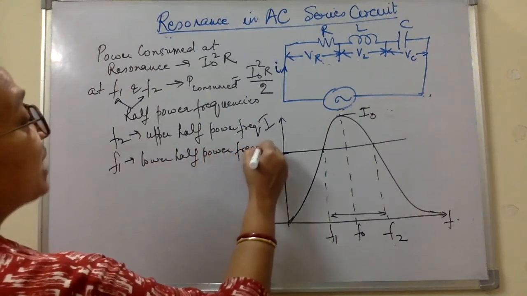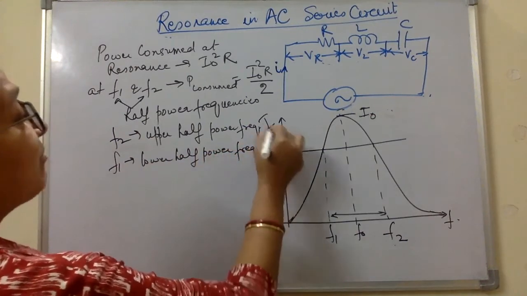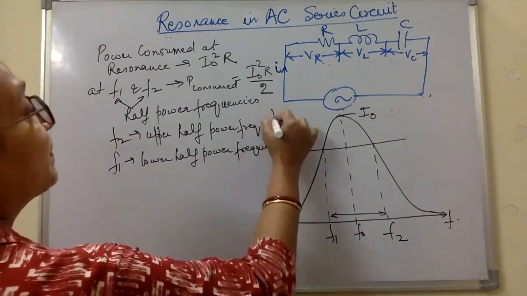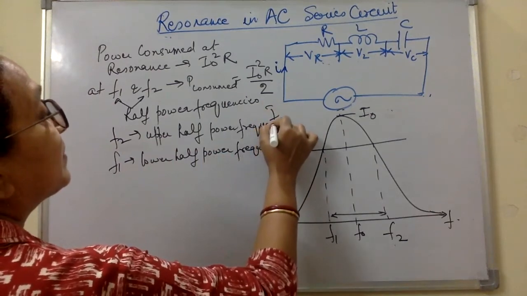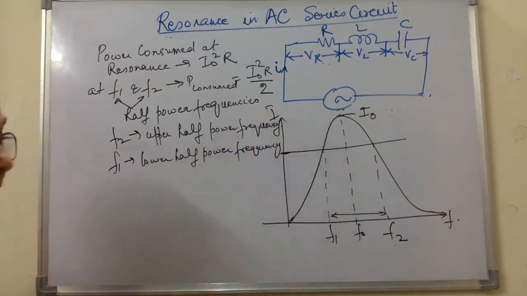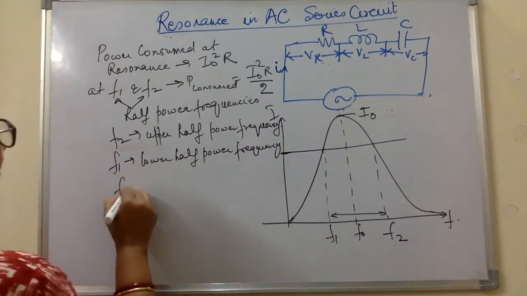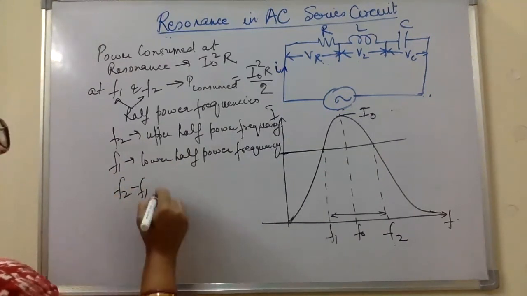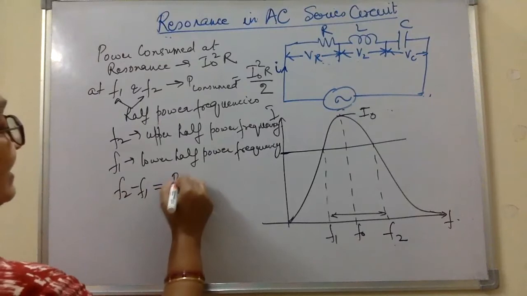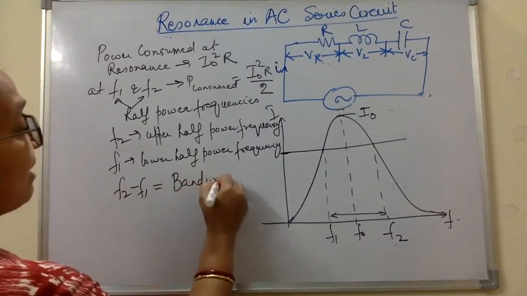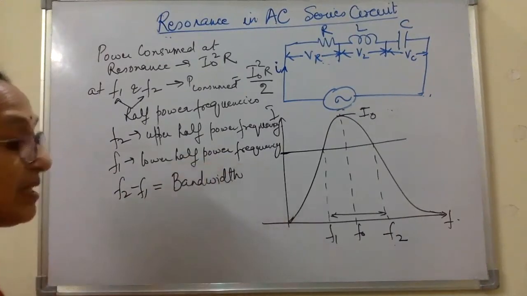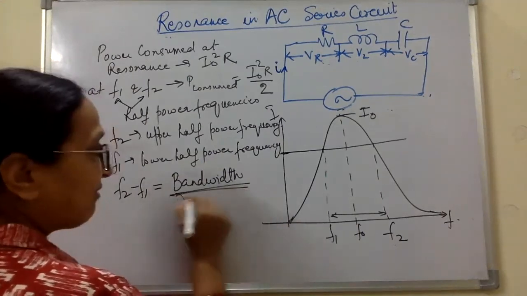Hence, this will be known as the lower half power frequency. The difference of the upper half frequency and the lower half frequency is defined as the bandwidth of the given circuit. Now, what does this bandwidth mean?